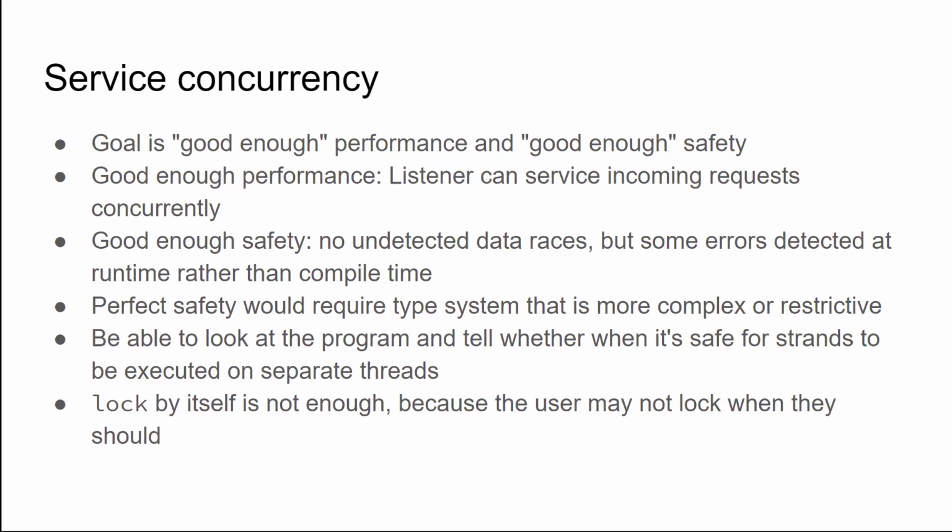If it's not, then it can just fall back to executing everything on one thread. If it is safe, then it can make use of multiple threads. And safe means it's not going to lead to undetected data races.